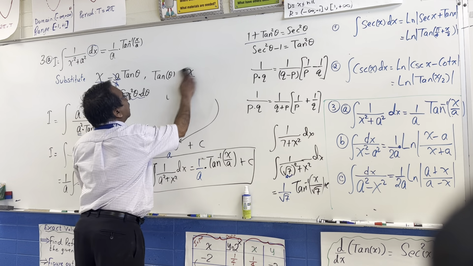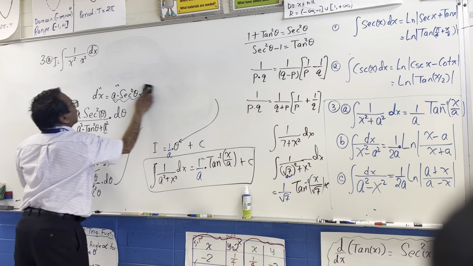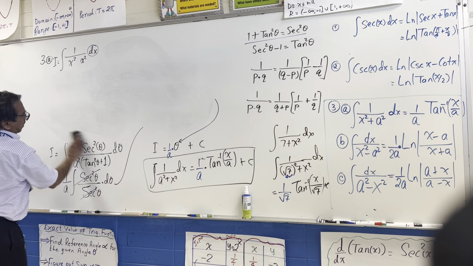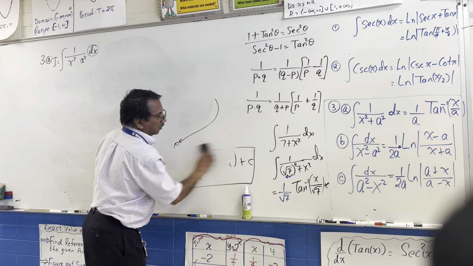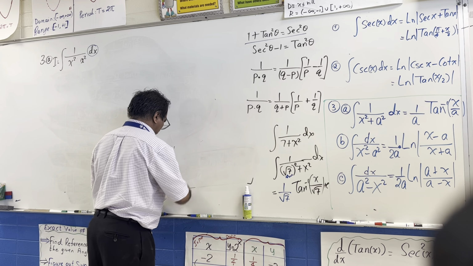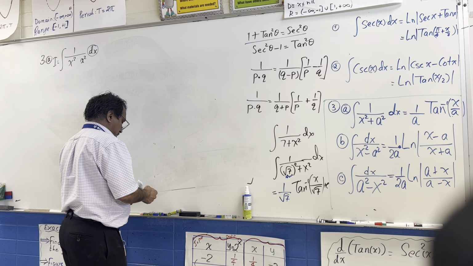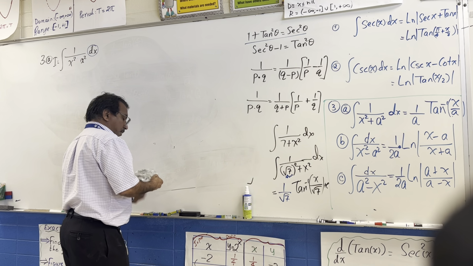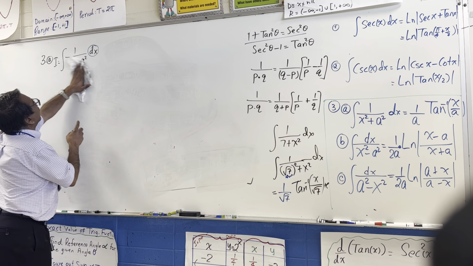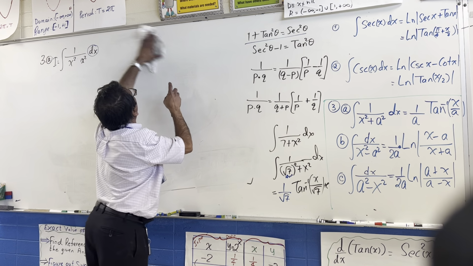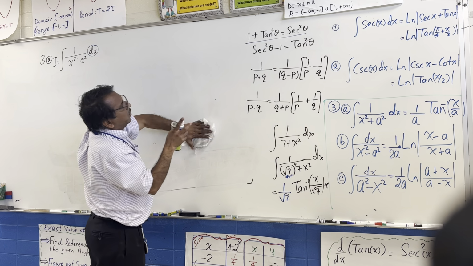Now let me go directly and do the second one. What if it were a different sign? So I'm going to use two methods.